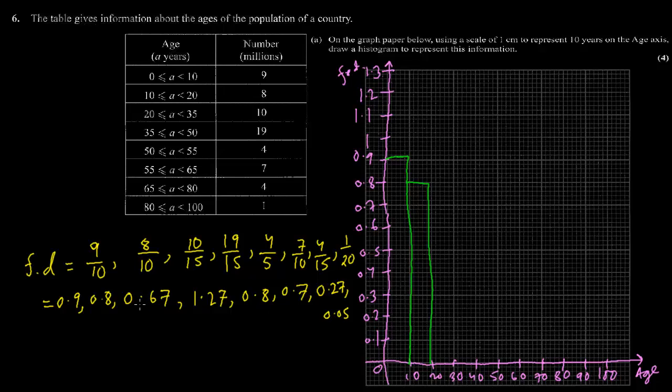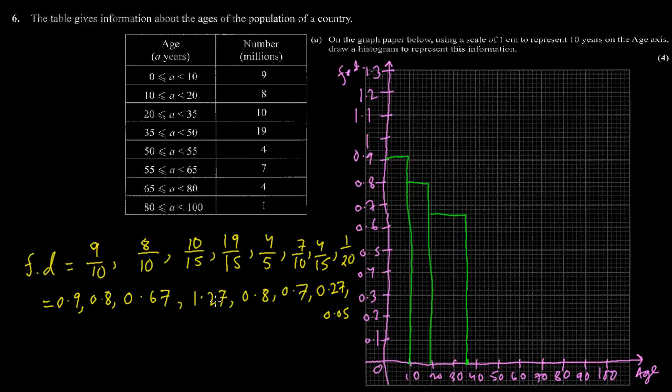The next one is 20 to 35, and it has a height of 0.67. So 20 to 35 is somewhere around here, and it is a height of 0.67. So 0.6. One little box is 2 units. So 1, 2, 3. So it's somewhere around here. This is roughly 0.67.